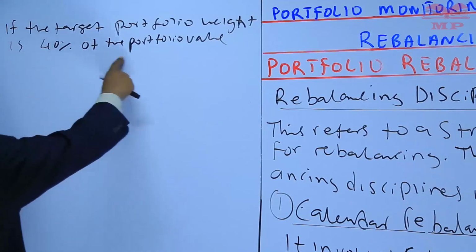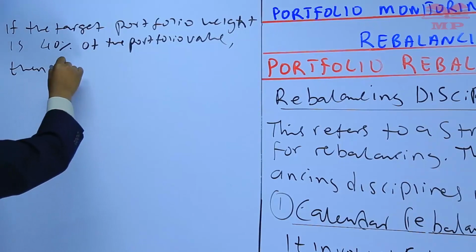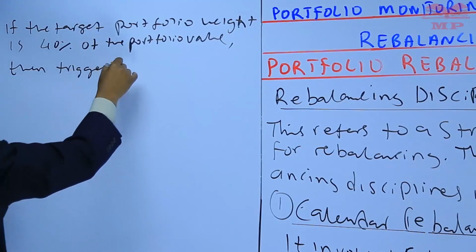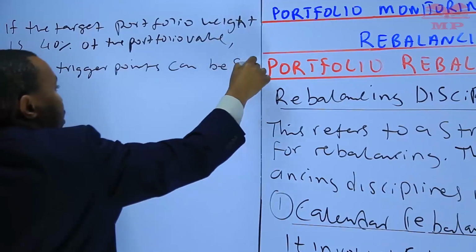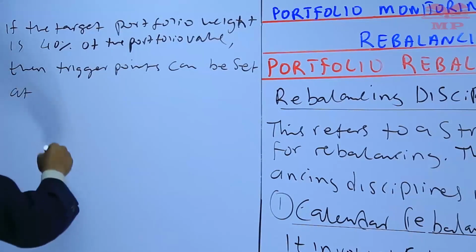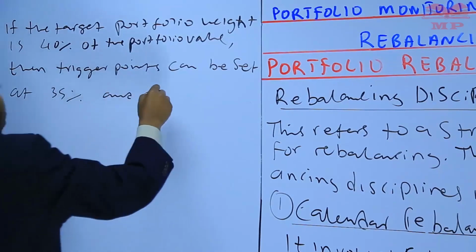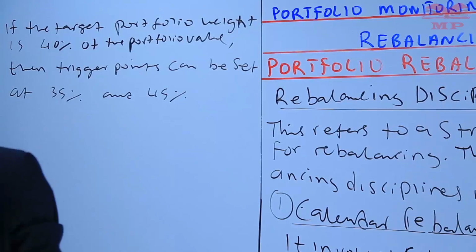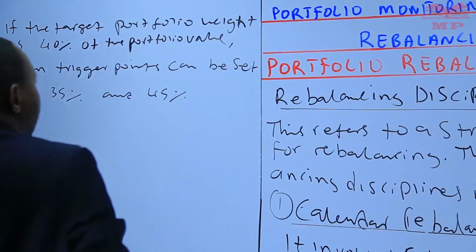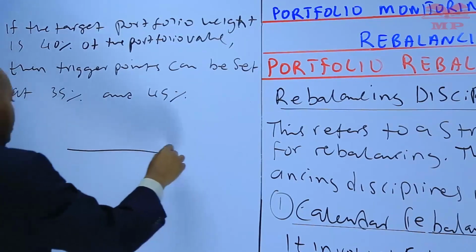So 40% of the portfolio value, then trigger points can be set at 35% and 45%. What are we saying? This is the portfolio itself.